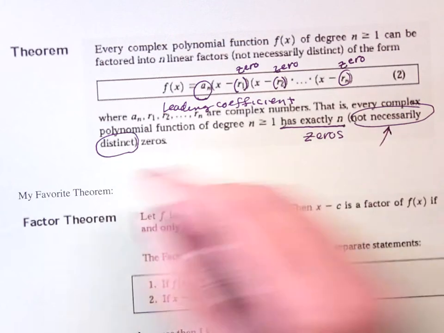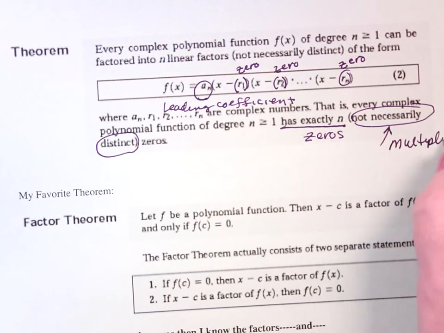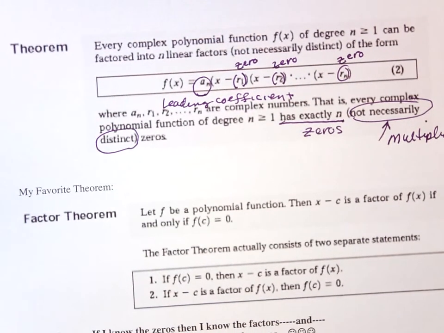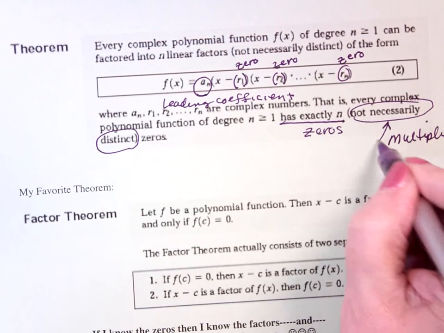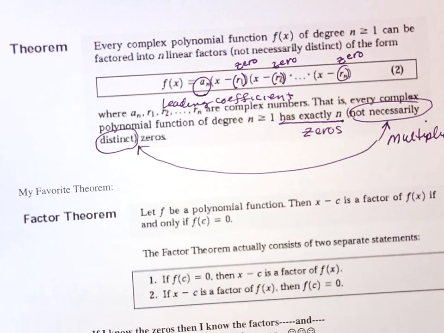That means multiplicity. So if I have something of multiplicity 2, it's considered to be 2 zeros. Not necessarily distinct means multiplicity. So 1 comma 2 with multiplicity 2 is the same as 1, 2, and 2.